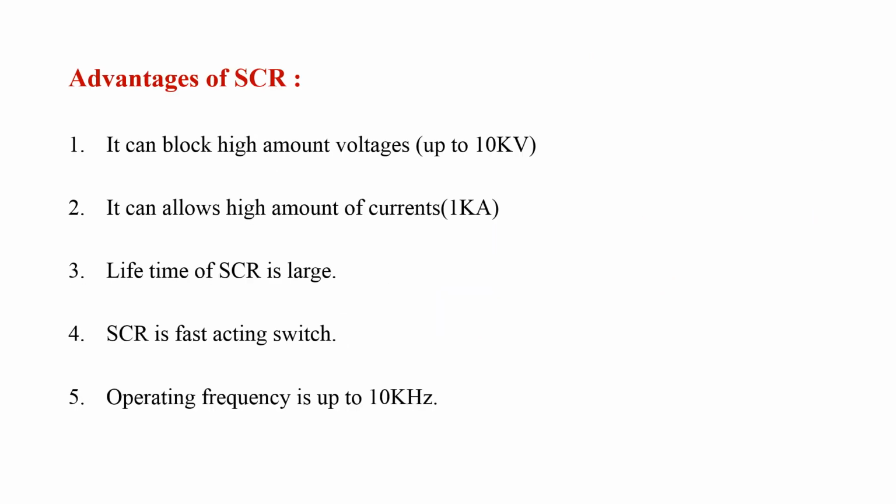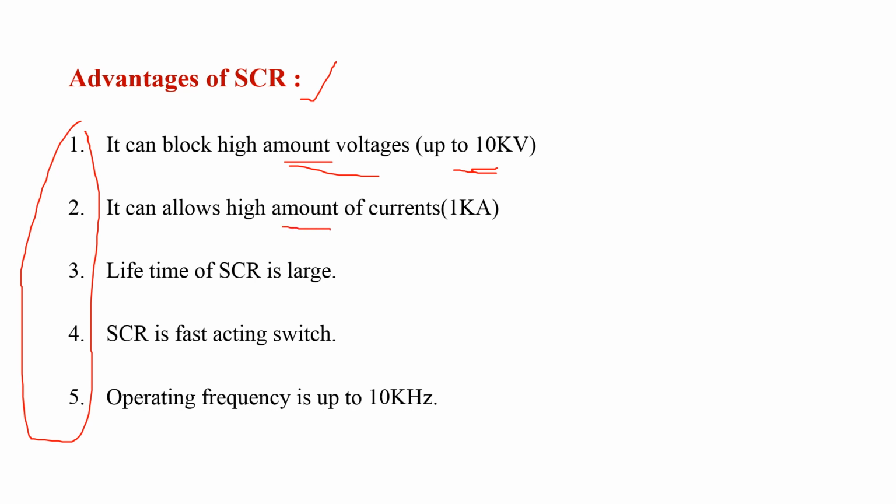Coming to the advantages of SCR, SCR has many advantages, but these are the important ones. First, SCR can block high voltages; a single SCR can block up to 10 kilovolts. Second, SCR can allow high currents; a single SCR can allow current up to 1 kilo ampere. Since voltage and current ratings are high, the lifetime of SCR is large.